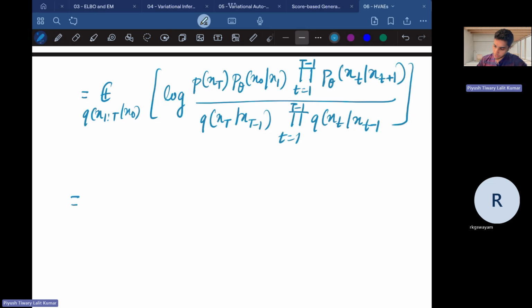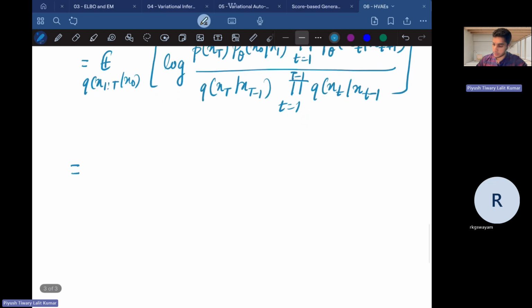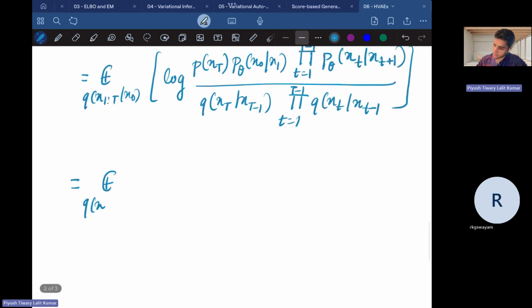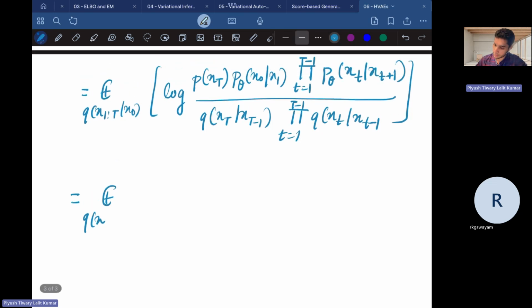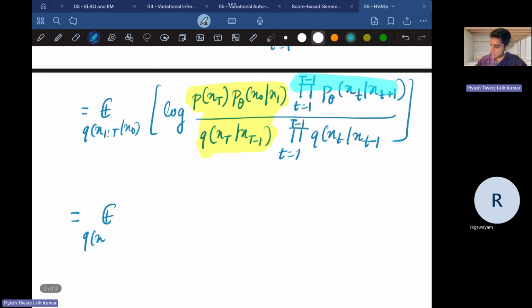Once you do this, now you can do some tricks. So I will break this thing into two parts. The first part will involve this thing divided by this thing, and there will be another part which will involve the other remaining terms divided by this part.